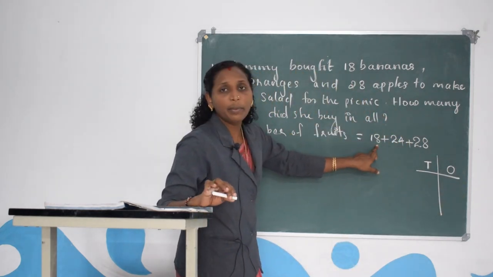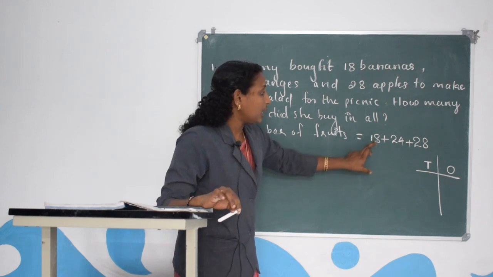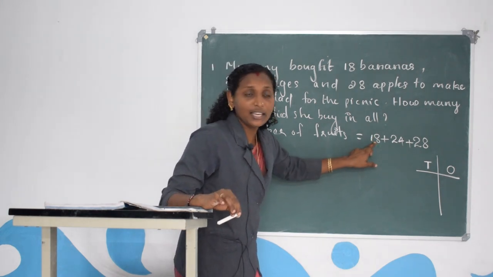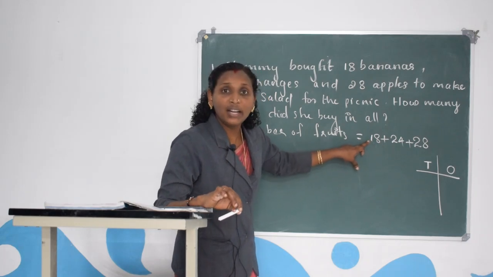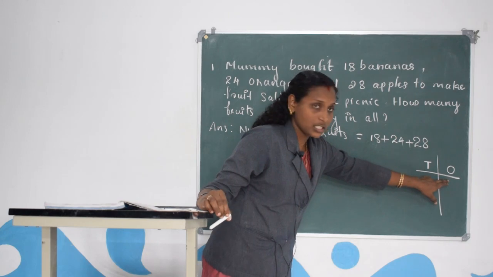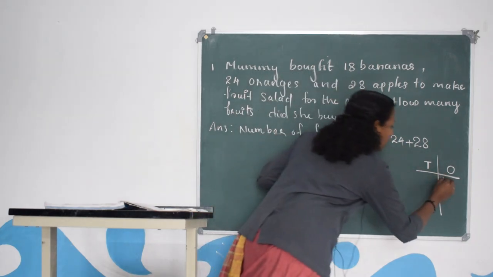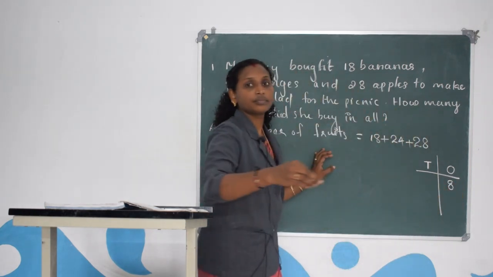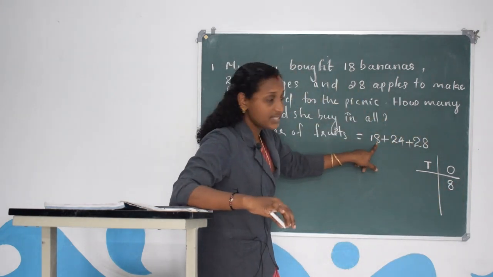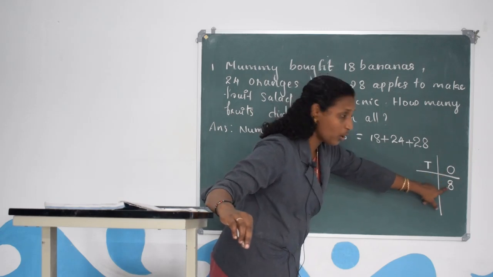Look at the first number, 18. In the number 18, 8 is in the ones place and 1 is in the tens place. So this is the ones place, write 8 here, on the bottom right.